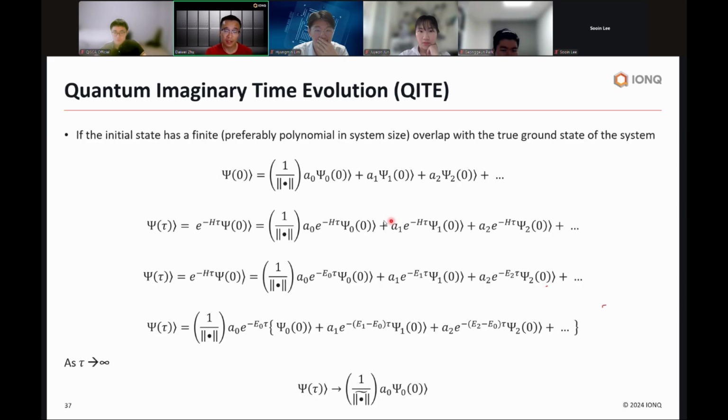What that means is if you prepare your initial state into a quantum superposition of many possible states, those states with higher energy will decay exponentially faster, right? And then if you run this evolution, in the end what you will be left with is the ground state.